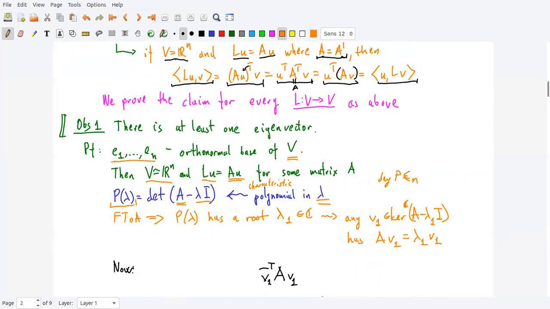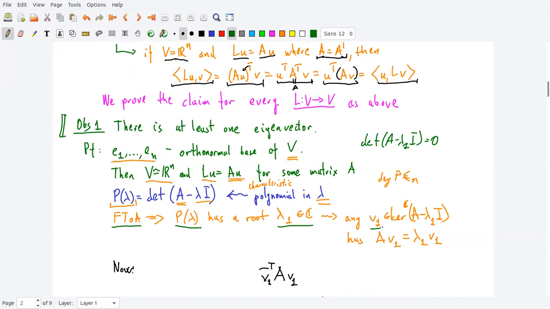And if this is a polynomial of degree n, the fundamental theorem of algebra says that every degree n polynomial over the complex numbers has a complete set of roots. So in particular, it has at least one root over the complex numbers, lambda 1. If lambda 1 is a root of the characteristic polynomial, then the determinant of A minus lambda 1 I is equal to 0, which means this matrix is singular and has a non-trivial kernel.